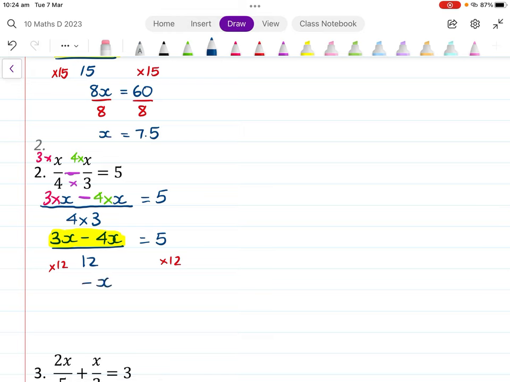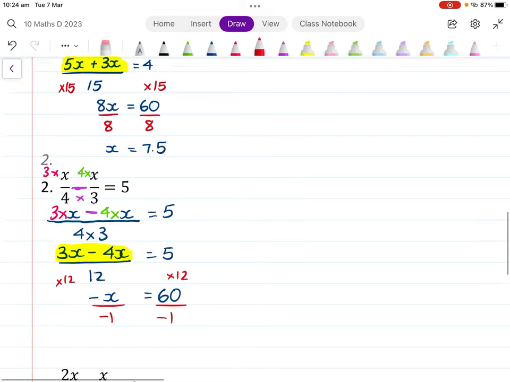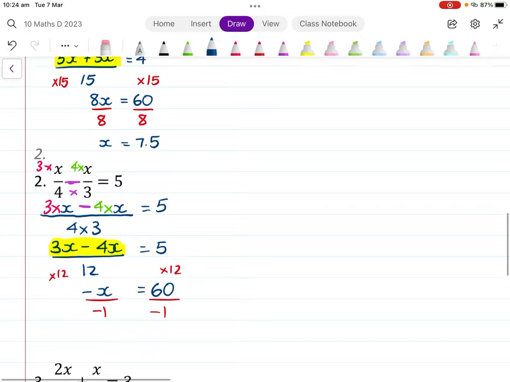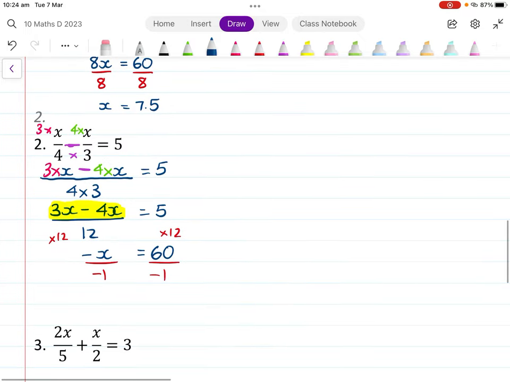When we do, we get negative x equals our 5 times 12, I said before, was 60. Now, we don't want to know what negative x is, we want to know what positive x is. So we want to divide both sides by negative 1, and when we do that, we are left with negative x divided by negative 1 is x, and 60 divided by negative 1 is negative 60.